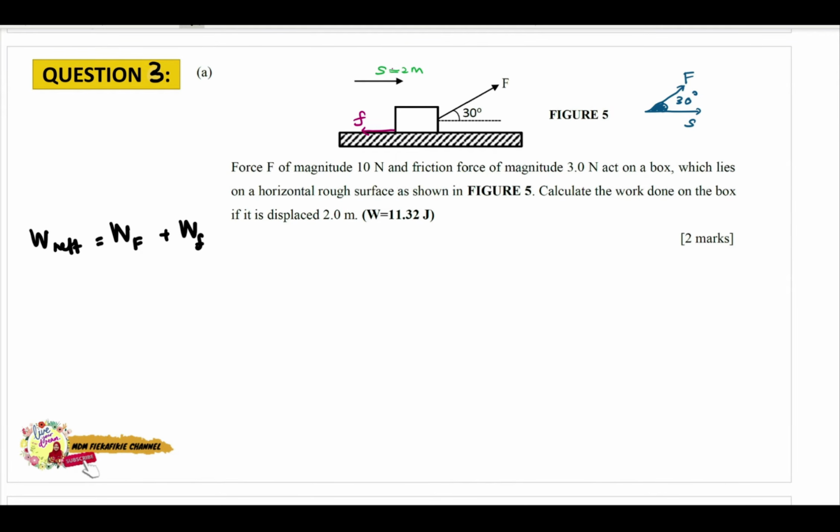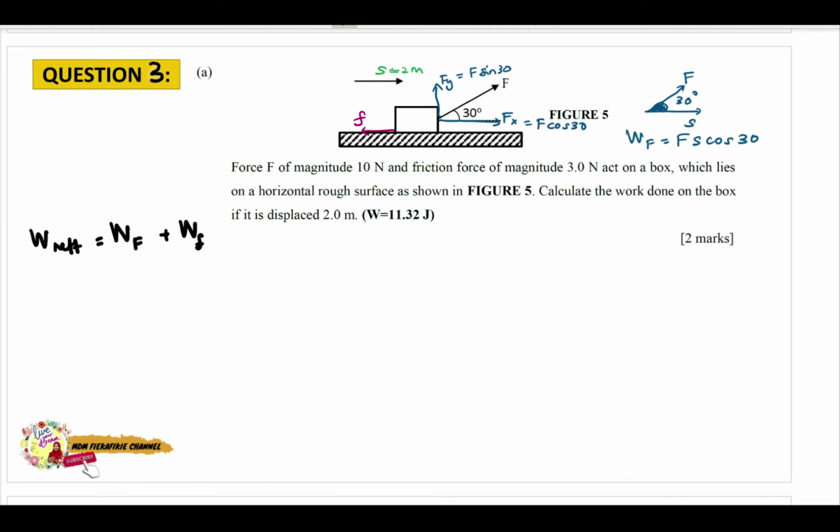Tengok, nanti you punya work done by the external force, dia akan jadi Fs cos 30 degree. Atau ada yang kata, boleh tak saya nak resolve? Yes, you can. So, here we have Fx and here we have Fy. Jadi, Fx ini adalah F cos 30, while Fy is F sin 30 degree.